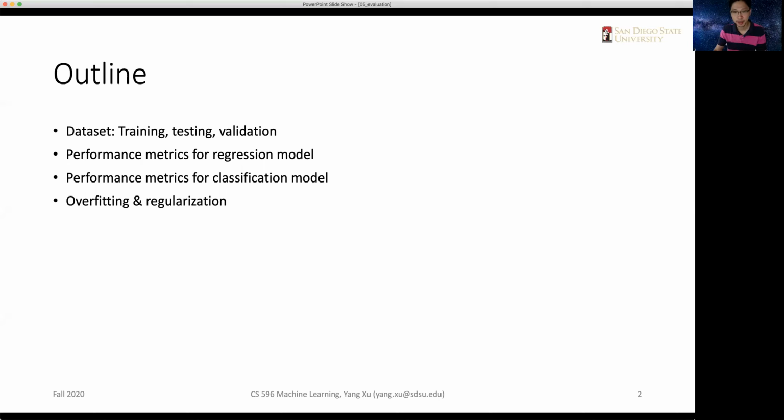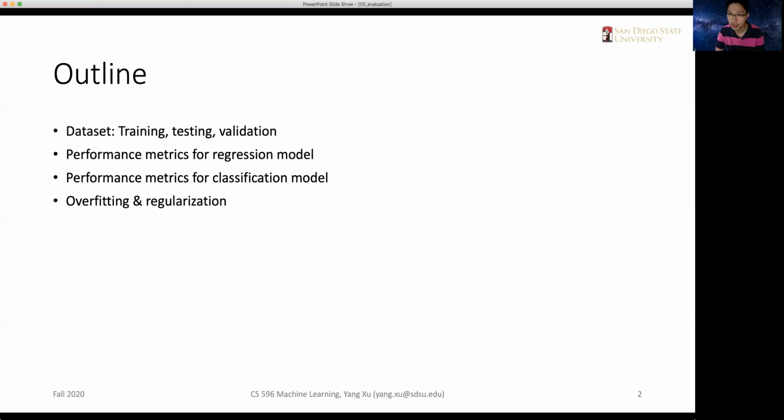But I think we mentioned a bit about testing. We used the residuals, the mean square errors, to evaluate how good a model is.